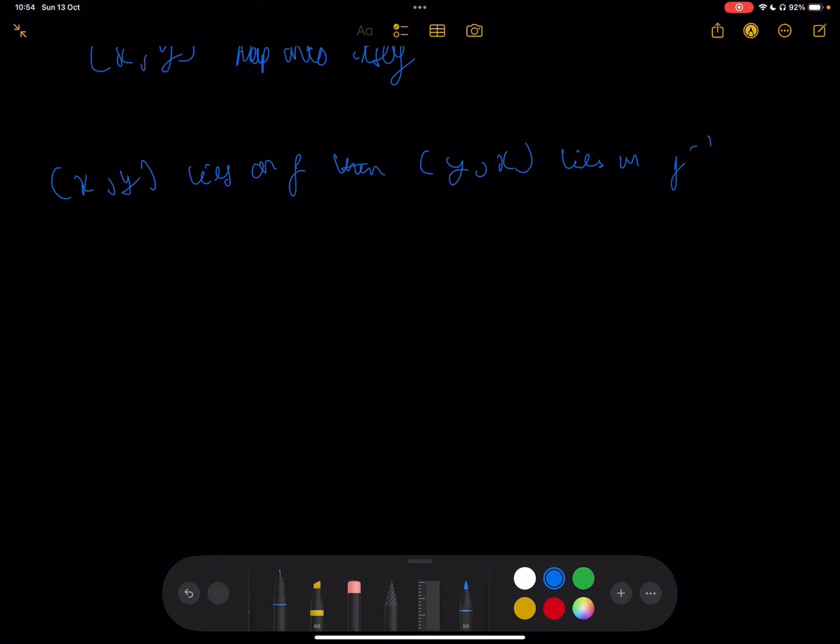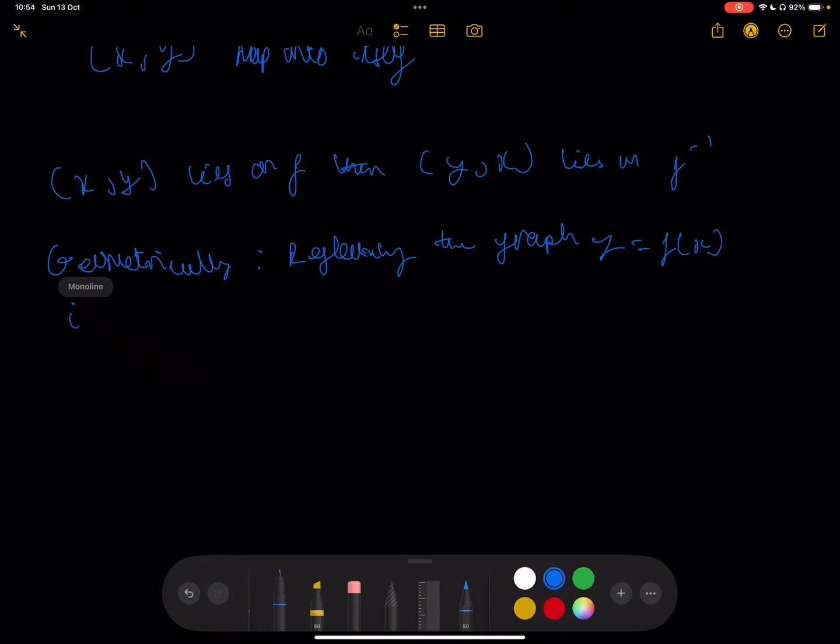So how is this done geometrically? Well, geometrically, we use the properties of the inverse function of f of x, which is by reflecting the graph y is equal to f of x in the line y is equal to x.